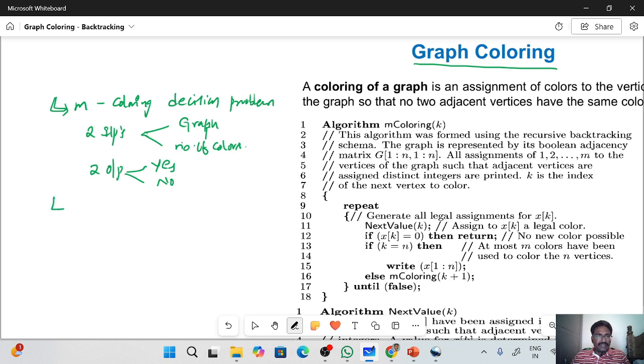And the second classification: the graph coloring may fall into either the M coloring decision problem or the M coloring optimization problem. The M coloring optimization problem has only one input, that is the given graph itself.